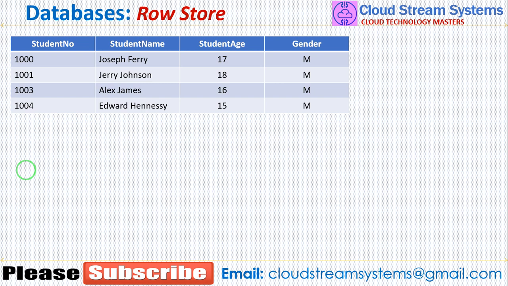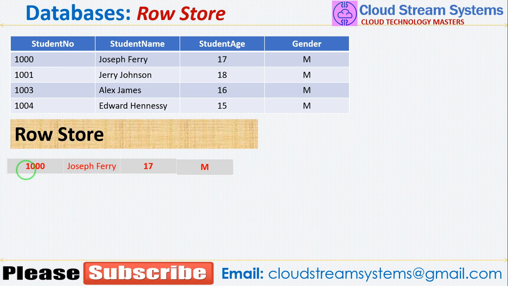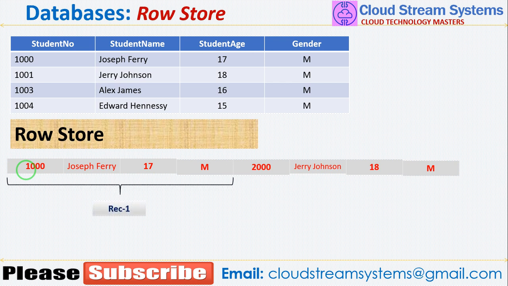Another thing to think about is how the data gets stored internally in relational and non-relational databases. This is especially how data gets stored in backend databases. If it is relational, let us suppose these are the four columns you have. Internally, this is how it stores: first record, second record, and so on, continuing like this.